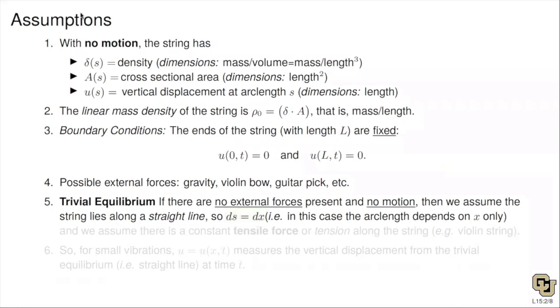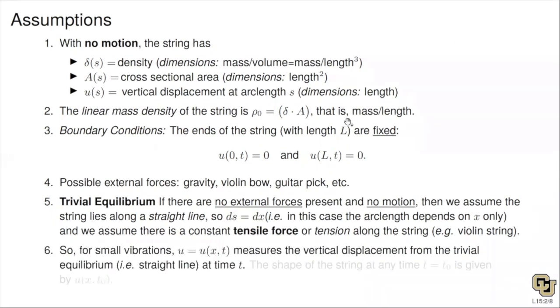So we assume a constant tensile force, constant tension along the string. And for a very small vibration, arc length is small enough that we just replace it with x. Here's the big model assumption that is our starting point for this string tied at two ends.